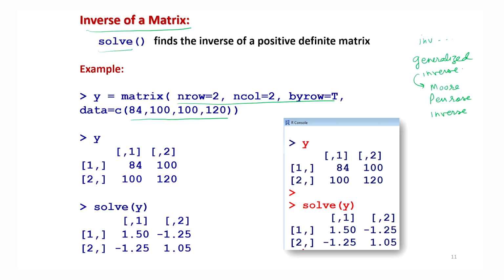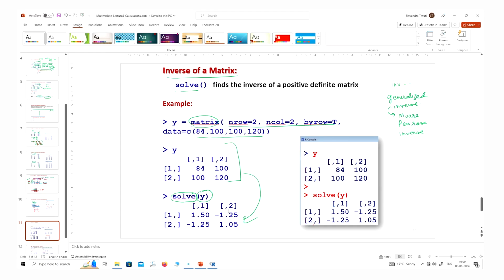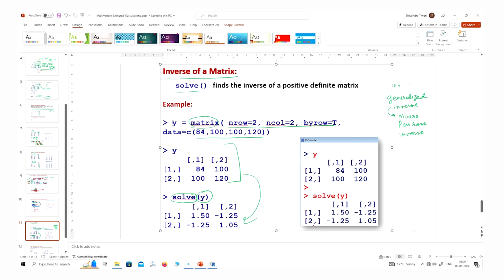Now with this command I can create the matrix Y like this. If I want to find the inverse, I simply have to write solve, SOLVE, all in lowercase alphabets, and inside the parenthesis Y. And you can see this is going to give you this outcome. Let me try to show you these things in the R software also, so that you can be more confident.